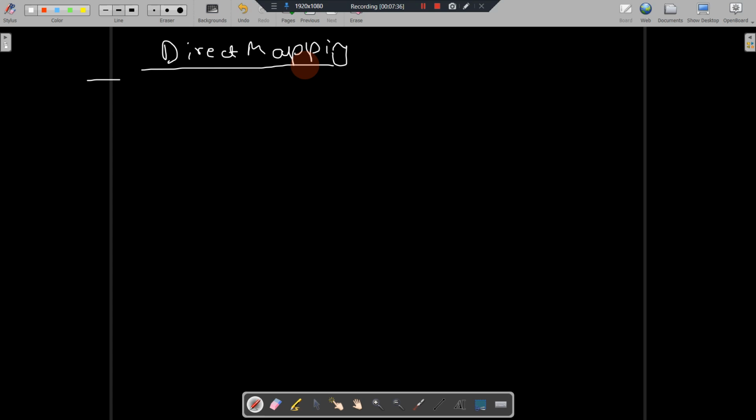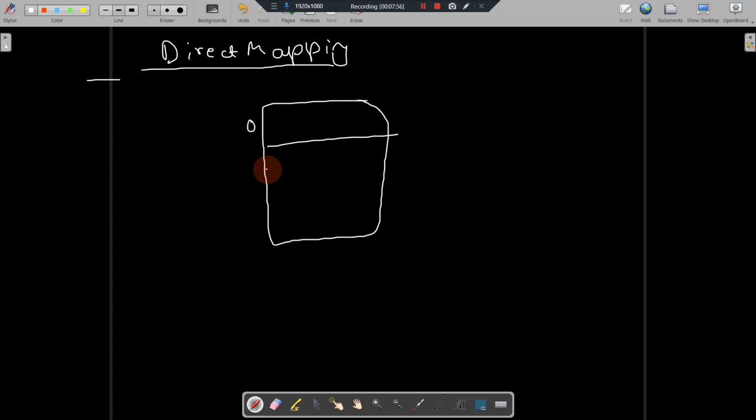In direct mapping, one main memory block will be mapped to one cache memory block. This is your cache memory. Let us take 4 for example: in the cache memory there are 4 indices, 0, 1, 2, 3. I will write cache memory for short as CM.